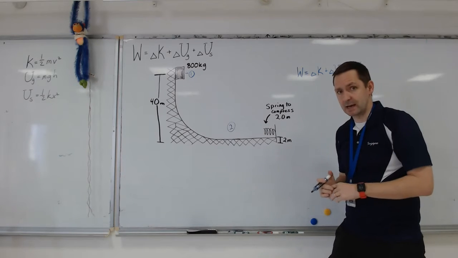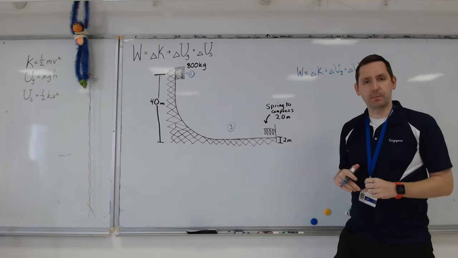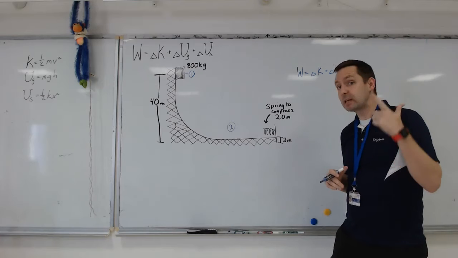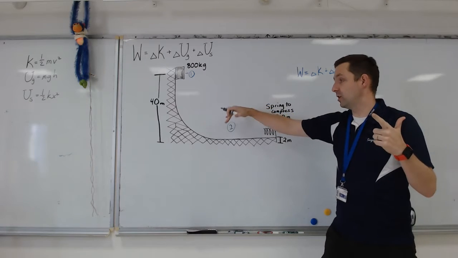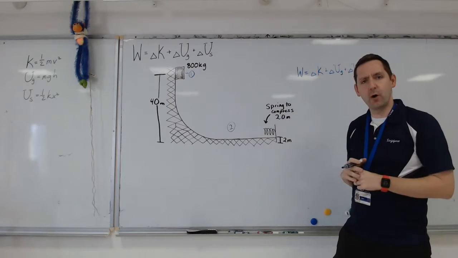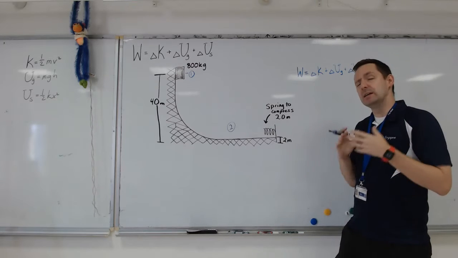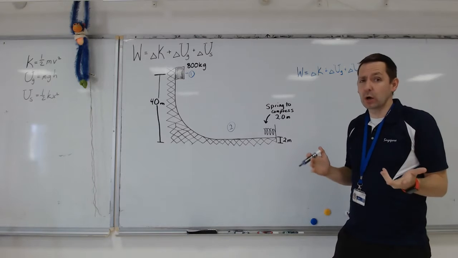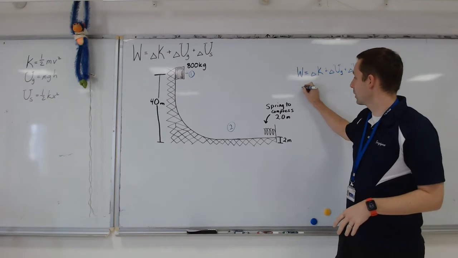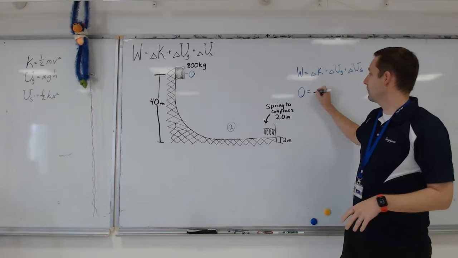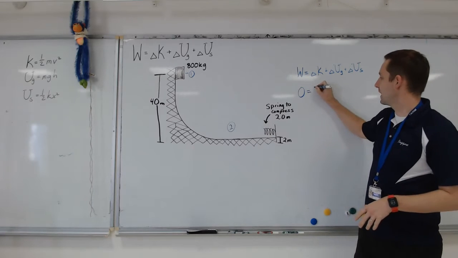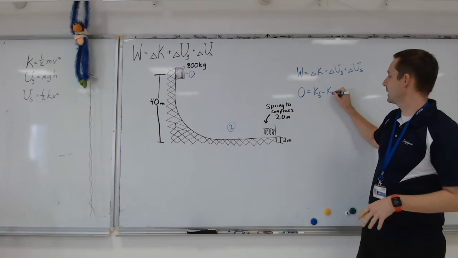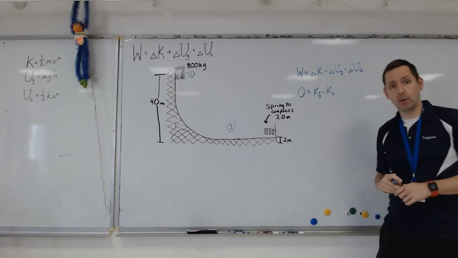We also want to identify, is there work being done? We already talked about the fact that there's no friction. There is a perpendicular force of the normal from the track, so we don't have to worry about that because it's perpendicular, and therefore there is no work being done. So we're going to say 0 work. Now I'm going to break this up so that it's kinetic final minus kinetic initial.